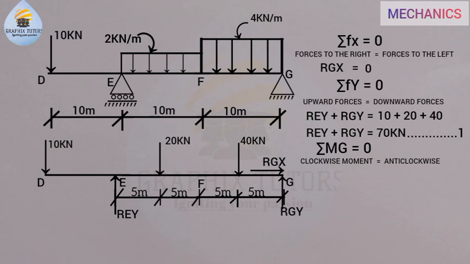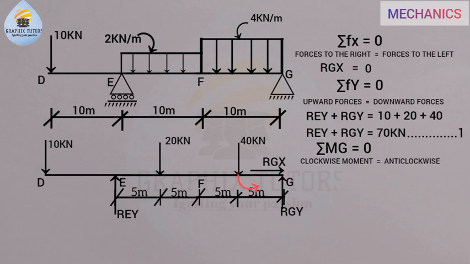Now if you look at this closely, you see that the 40 kilonewton is acting downward. So it will be acting towards G, and that is the force going towards G. And when something is going in this direction, just like you can see here, we say it is anti-clockwise.